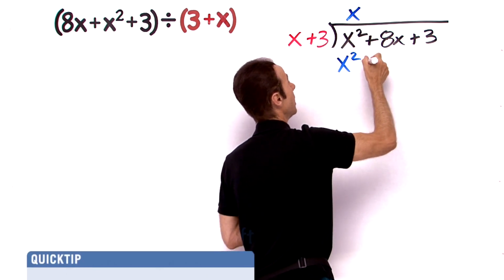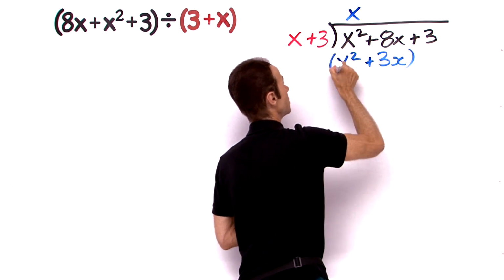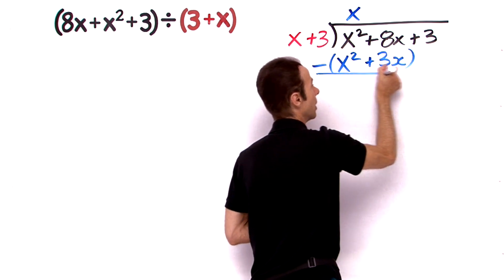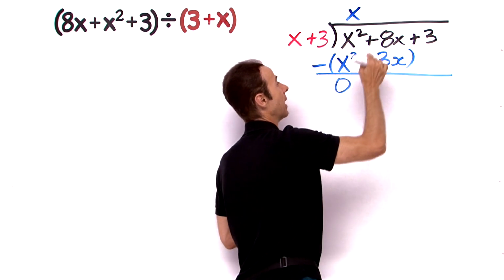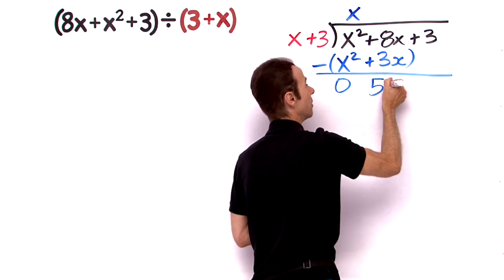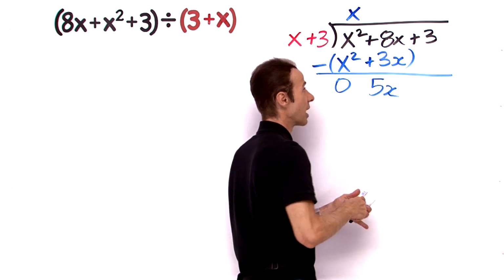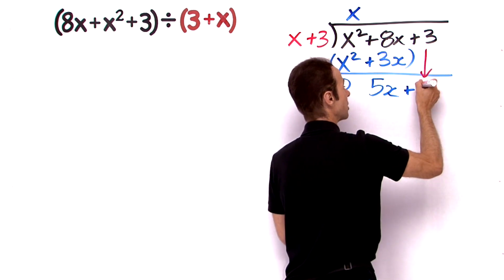X times 3 is plus 3x. So let's subtract now. All right, x squared minus x squared is 0. And 8x minus 3x, that gives us 5x. Let's drag and drop the 3 down here. So that's going to be plus 3.